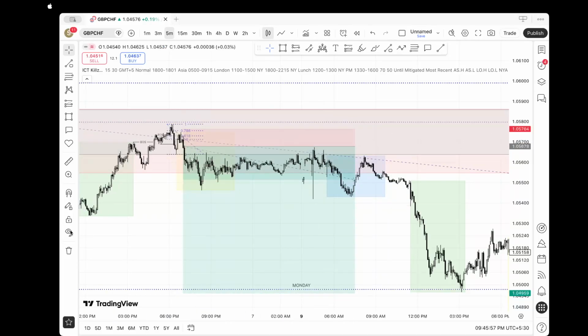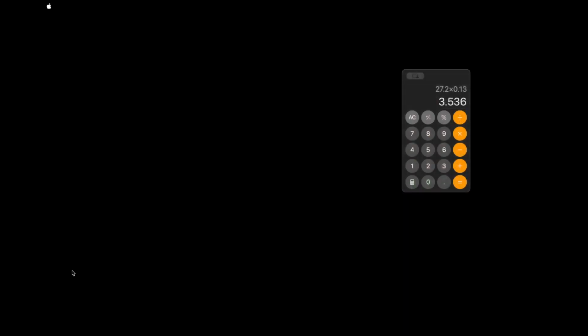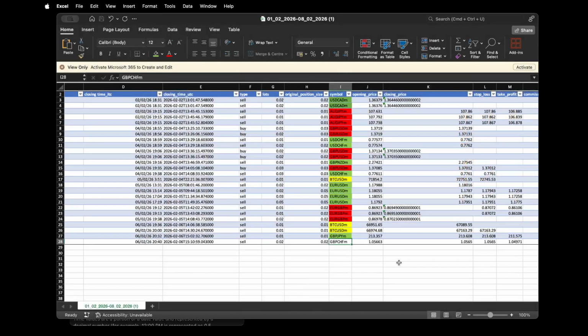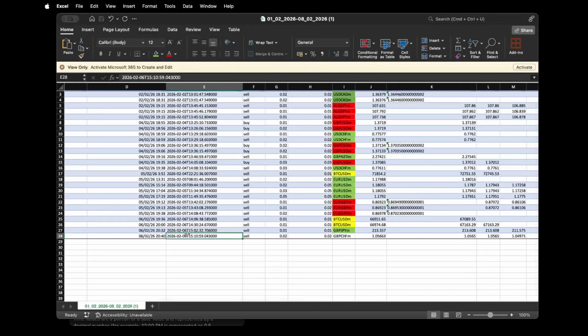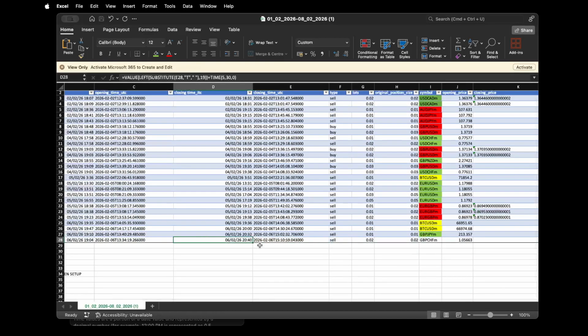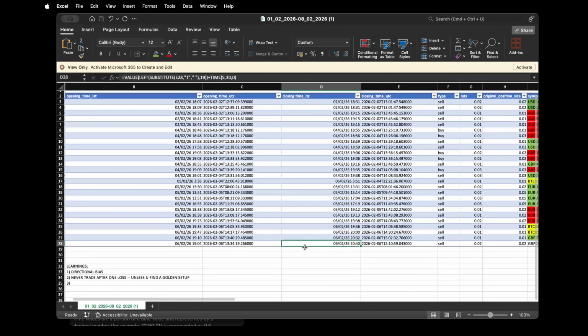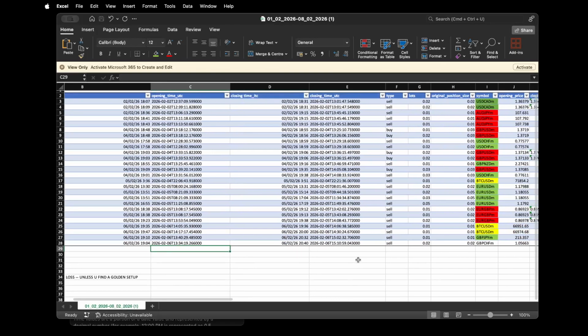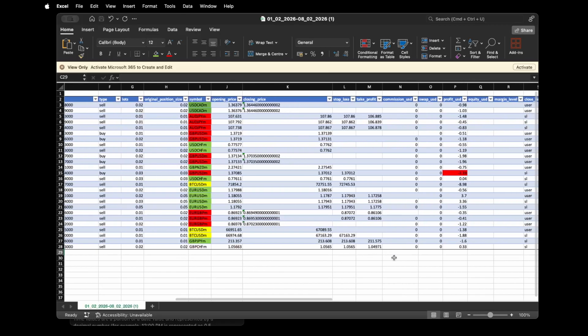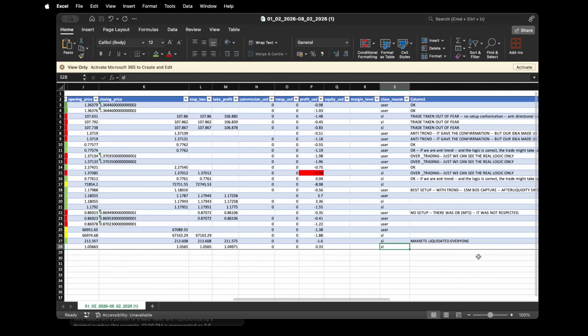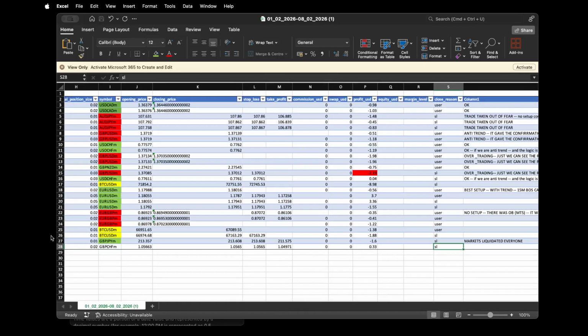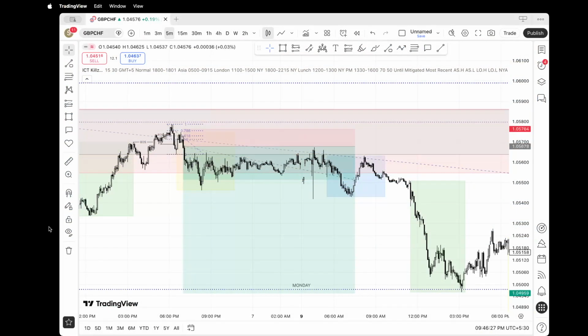So let's jump back to Excel. The trade was correct, no doubts on that. So closing time in UTC and closing time in IST, 8:40. SL hit, 840 SL hit.